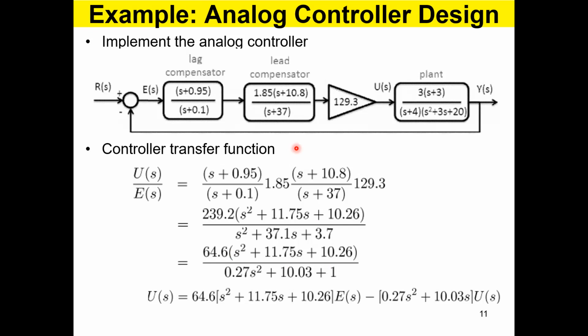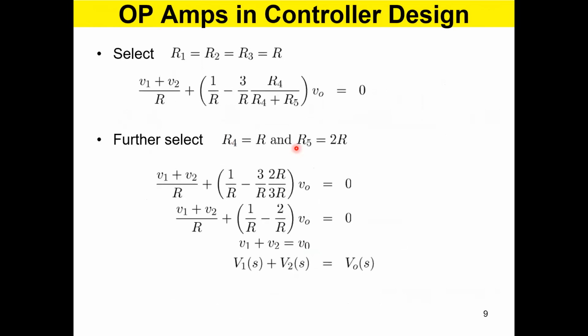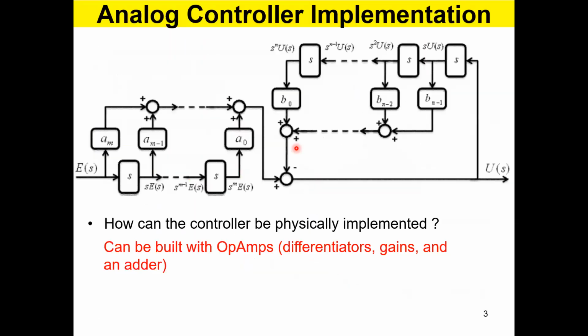And I'm going to pedal back. Can you draw me the analog control implementation structure, and identify how many S blocks you need, how many gains you need, what the values of these gains are, and all. Can you draw the controller structure?